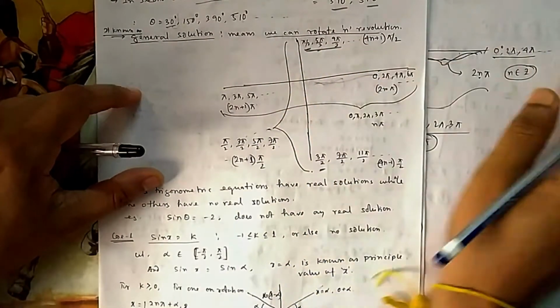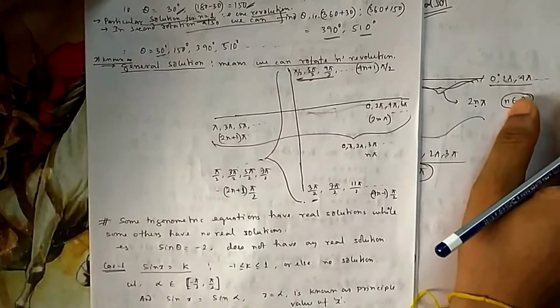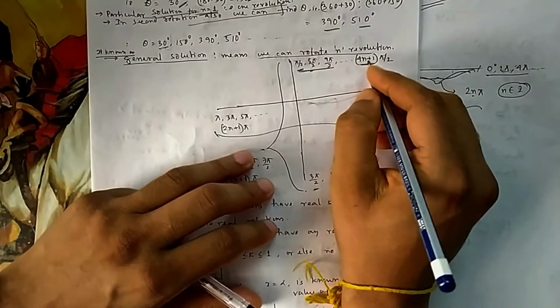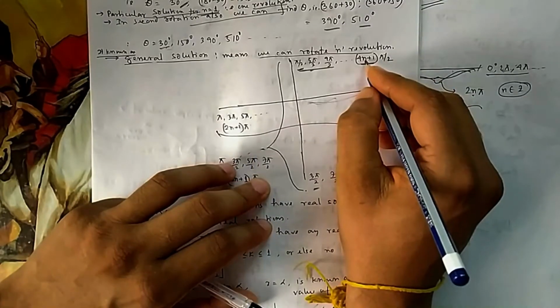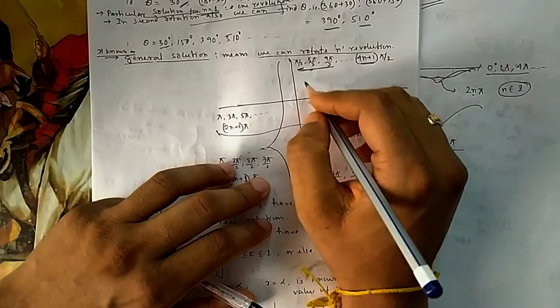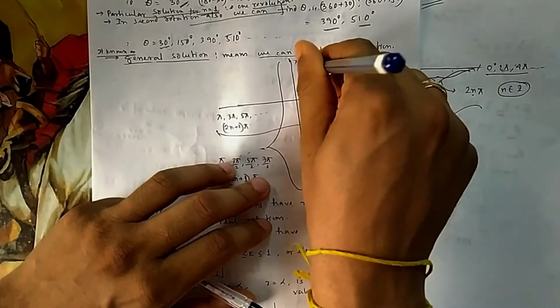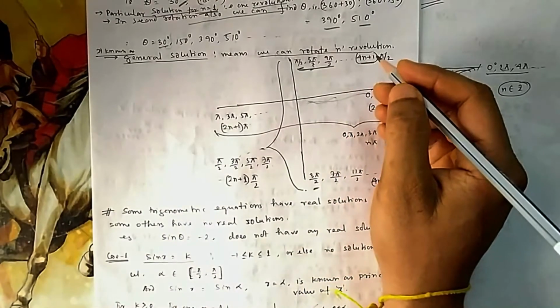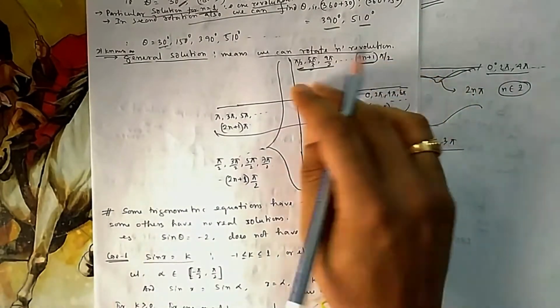This is some multiple of 4. So that's why I have written it (4n plus 1) pi by 2. If you put n equal to 0, you get pi by 2. Put n equal to 1, after the first rotation, the second time you come to 5 pi by 2. So these are all multiples of 4, so you can see 4n plus 1.